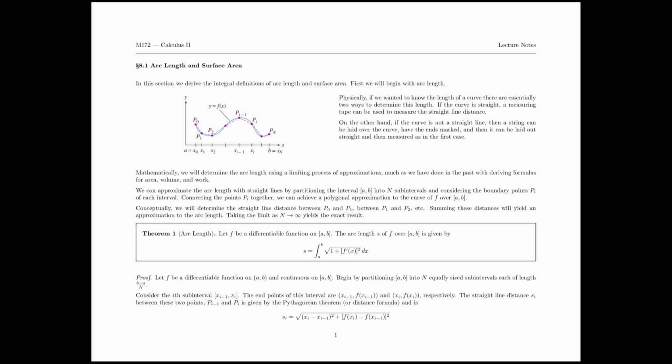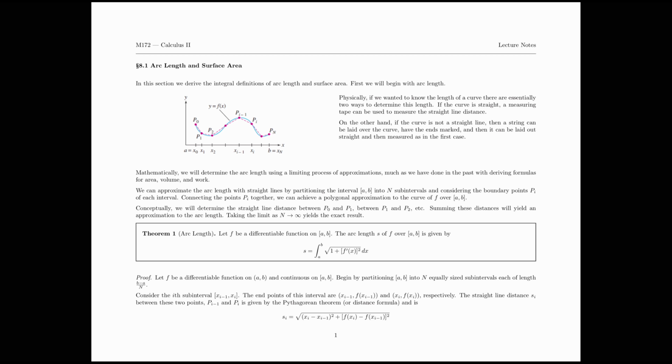All right, in this next section, we're going to take a look at two different quantities, arc length and the surface area. So we'll put surface area on hold for a few moments, and we'll take a look at the arc length. So arc length is simply the actual distance of a curve.